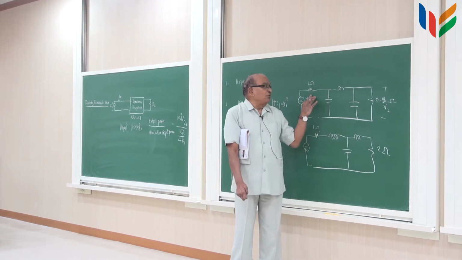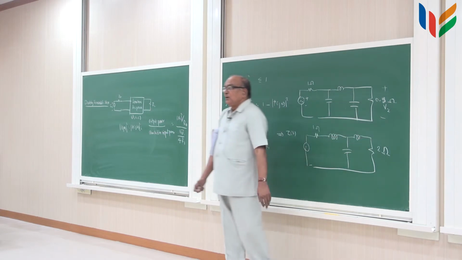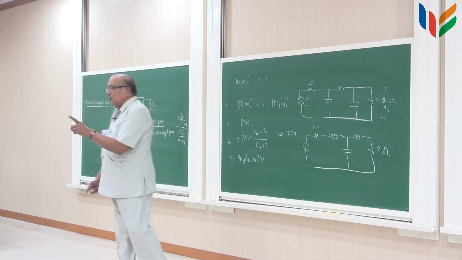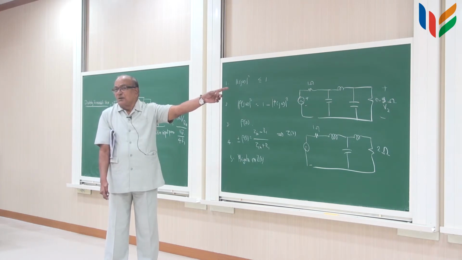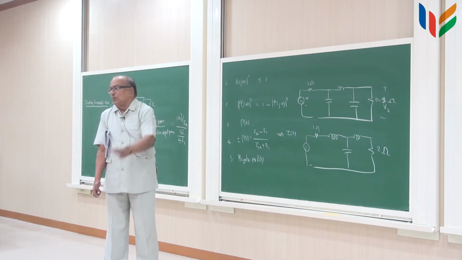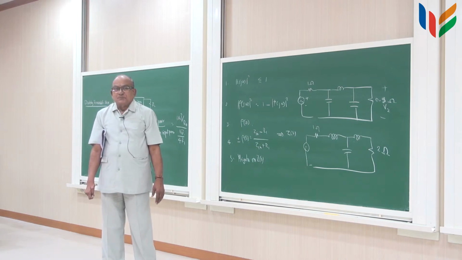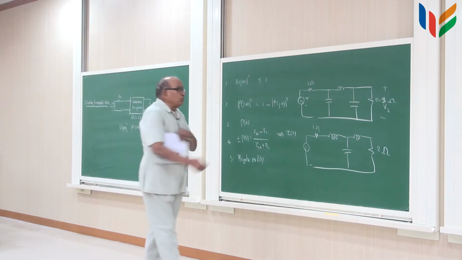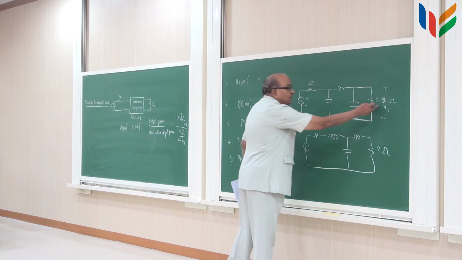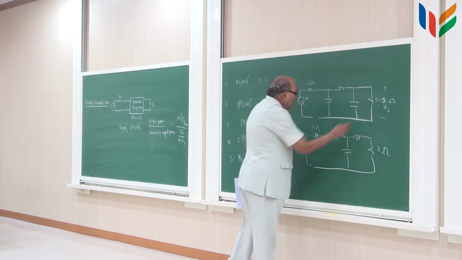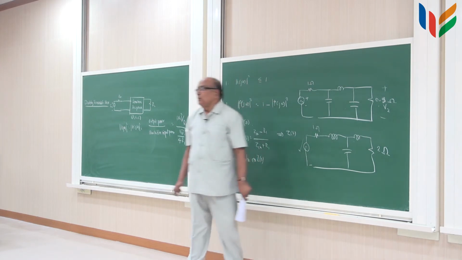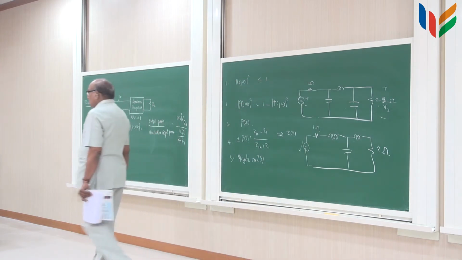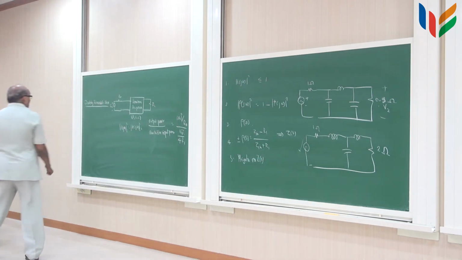This gives you 1 ohm source impedance, 0.5 ohm load impedance, but both of them will give you exactly the same Tj omega square from the input to the output. So you can choose either this network if you are willing to use 0.5 ohm, or you can choose this network if you are not very particular that it should be 2 ohms. Both of them will give you the same Hj omega square.